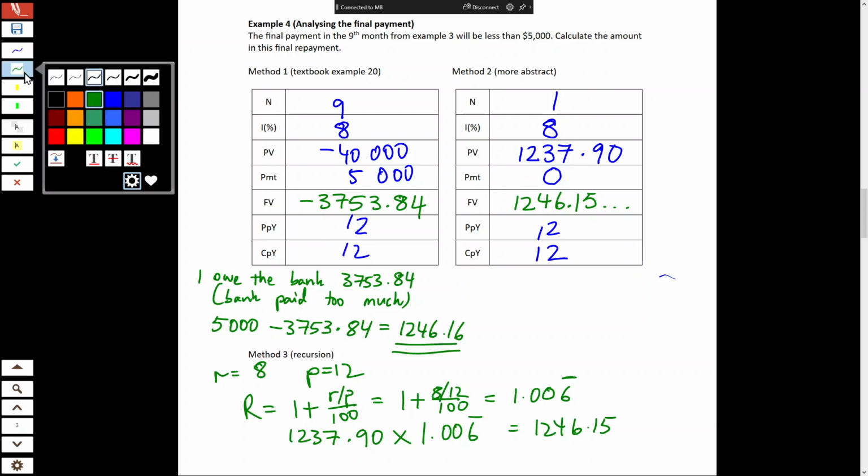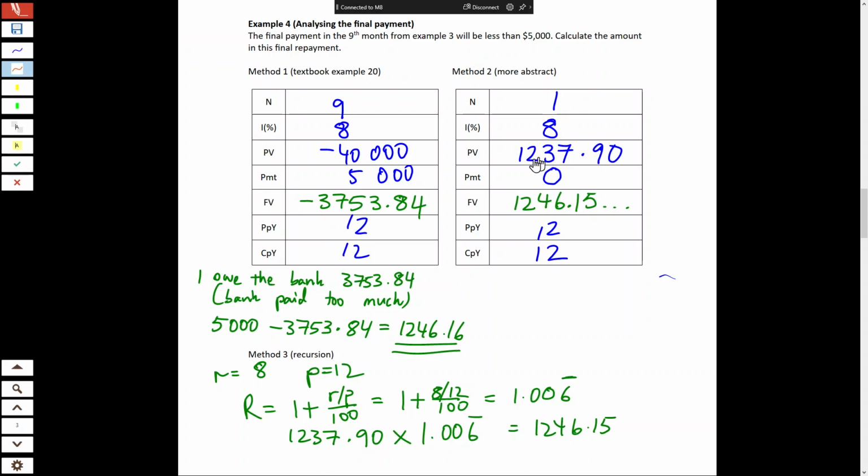So in the end, the calculator will give you the same number. Yeah, excellent. So my suggestion is, if you want the easiest way to do that last question, use method 1. Personally, I use method 2 or method 3, depending on what day it is.